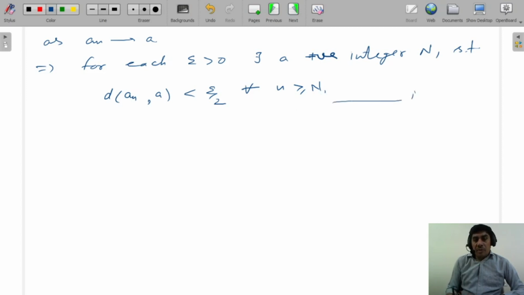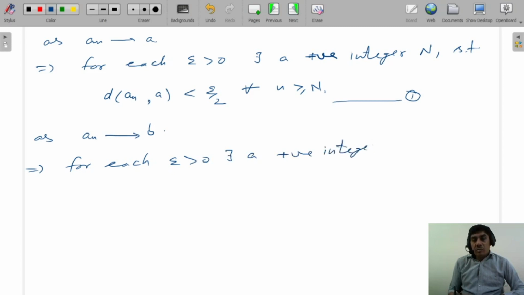Call it equation number 1. As a_n converges to b, this implies for each epsilon greater than 0, there exists a positive integer N2 such that distance between a_n and b is less than epsilon by 2 for every n greater than or equal to N2. Call it equation number 2.